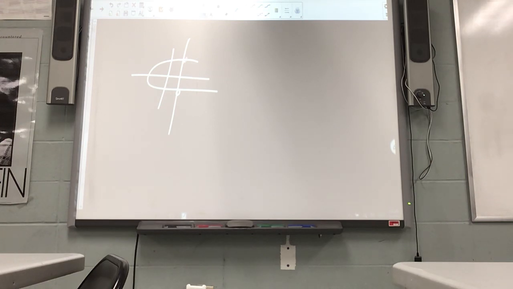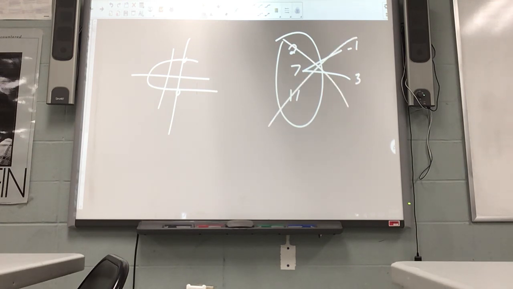Then I noticed on the last one, those are called mappings, those ovals with the numbers on them, that 7 goes with 2 different y's. So if a number in the x goes with 2 different y's, it is not a function.